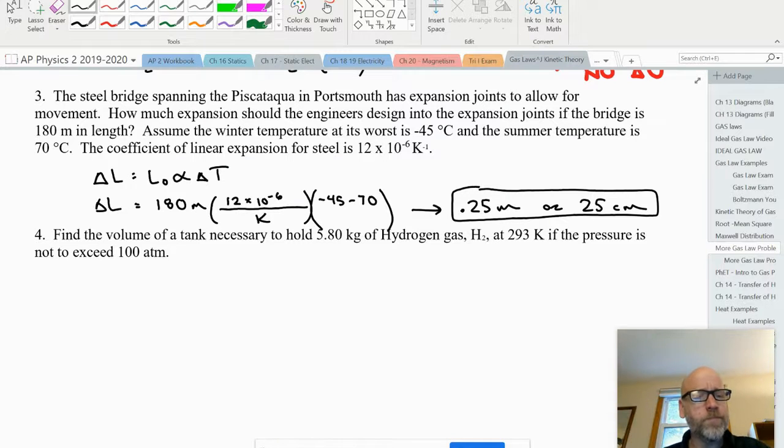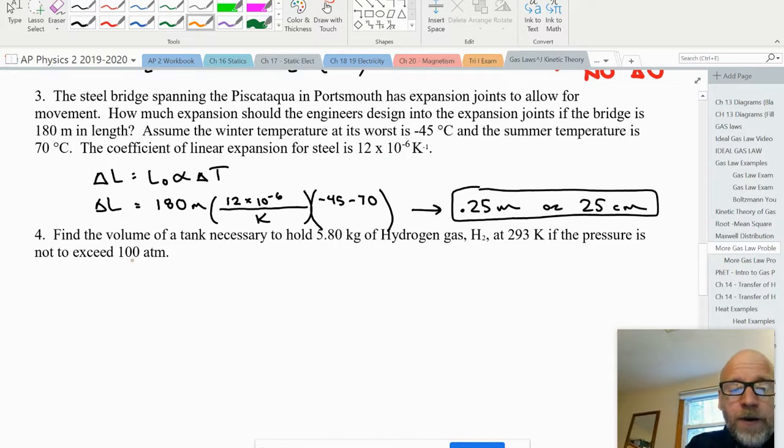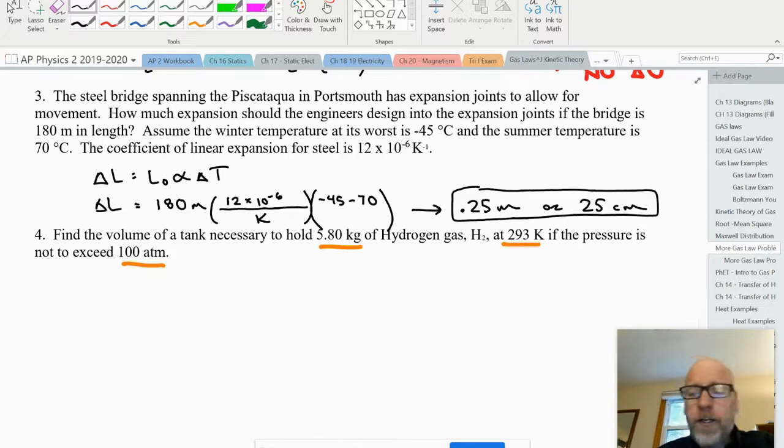Boom. Number 4. Find the volume of a tank necessary to hold 5.8 kilograms of hydrogen gas, H2, at 293 Kelvin if the pressure is not to exceed 100 ATMs. ATMs? Come on. All right. In an effort to stall, I'm going to make a list of everything that I know.